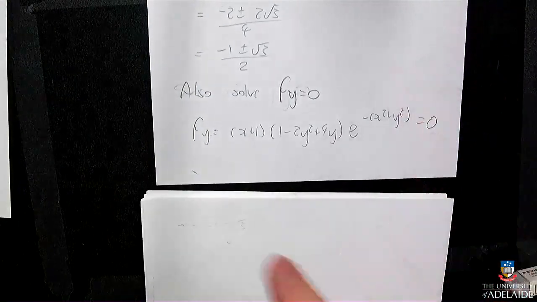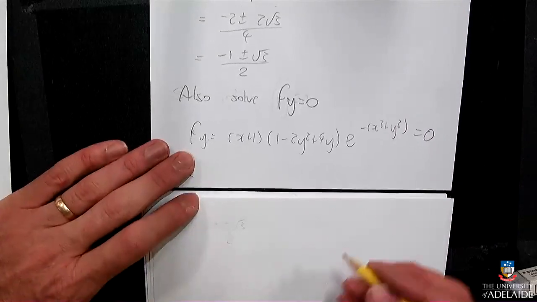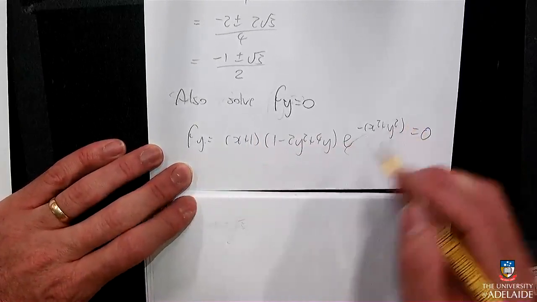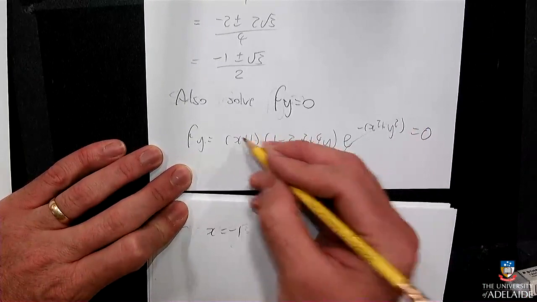So let's also solve f sub y equals 0. And so we're going to get this equals 0. That's not 0, so we get x equals negative 1 from here.